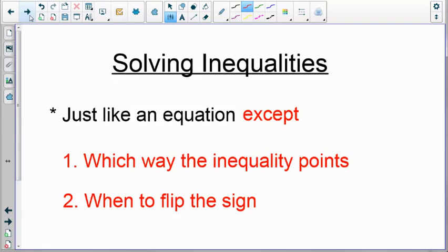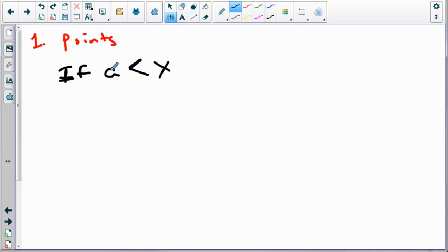All right, so let's look at the first exception, which is which way the inequality points. So looking at this, what we're going to say is if some number is less than x, call it a, then x is greater than that number.